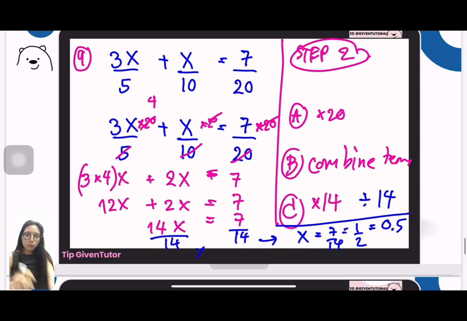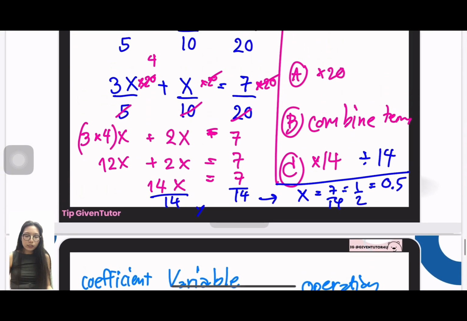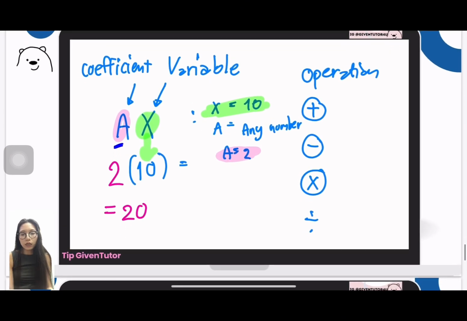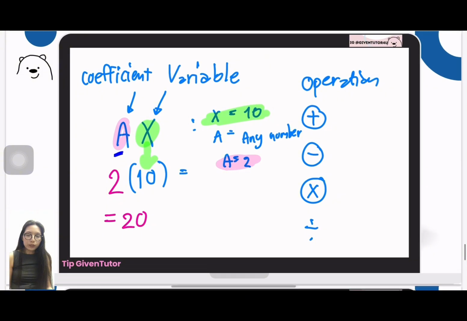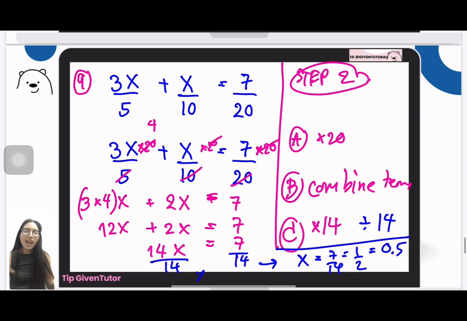We'll make more practice about this. The next step will be the coefficients, variables, and the operations: plus, minus, times, and divide. I will bring you these in the next lectures. Thank you for listening until number 9, and see you in the next one.